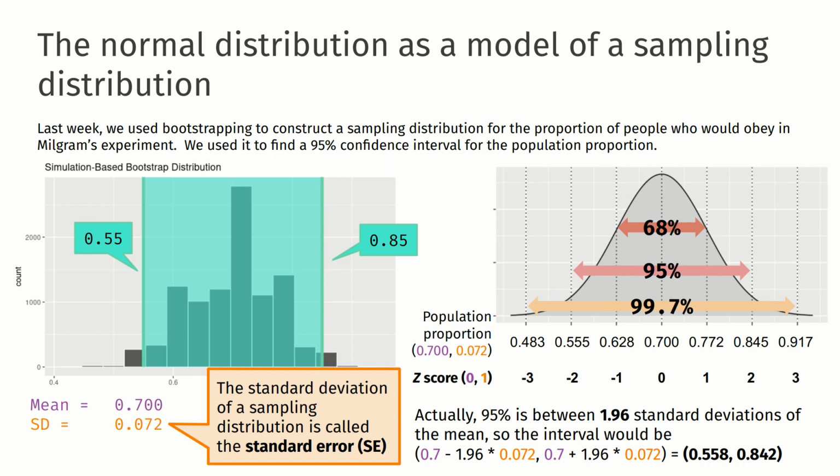In other words, the standard error tells us about how far off we should expect to be from the unknown population parameter if we're using our sample statistic as a point estimate for it.